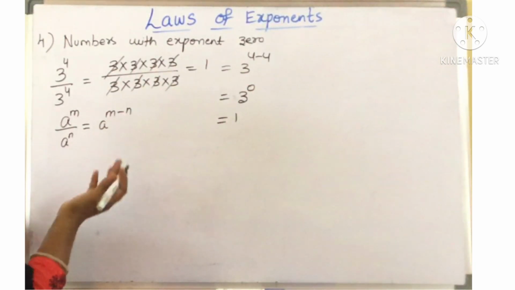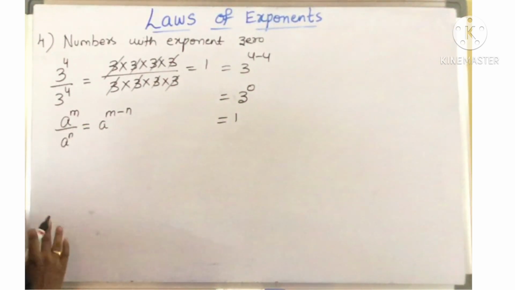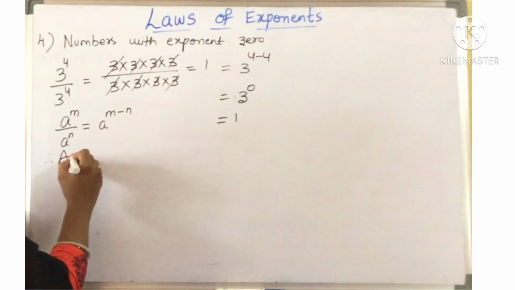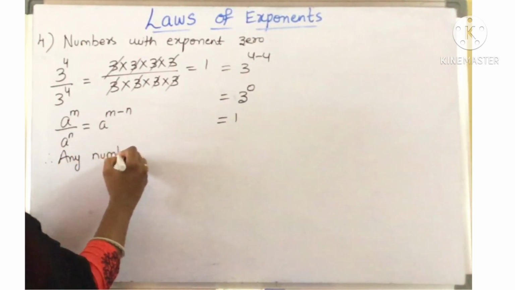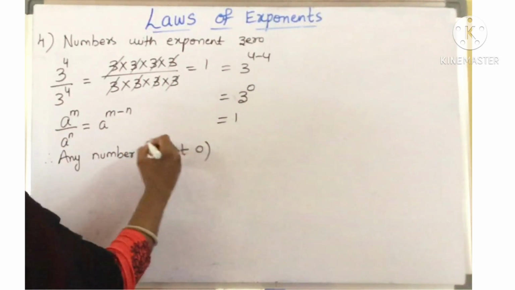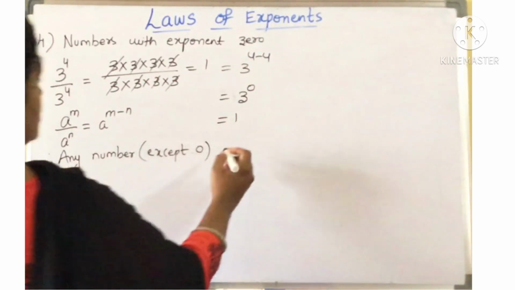Thus, what did you understand now? Any number except 0 raised to the power of 0 is 1. Any number except 0. So the base should not be 0.